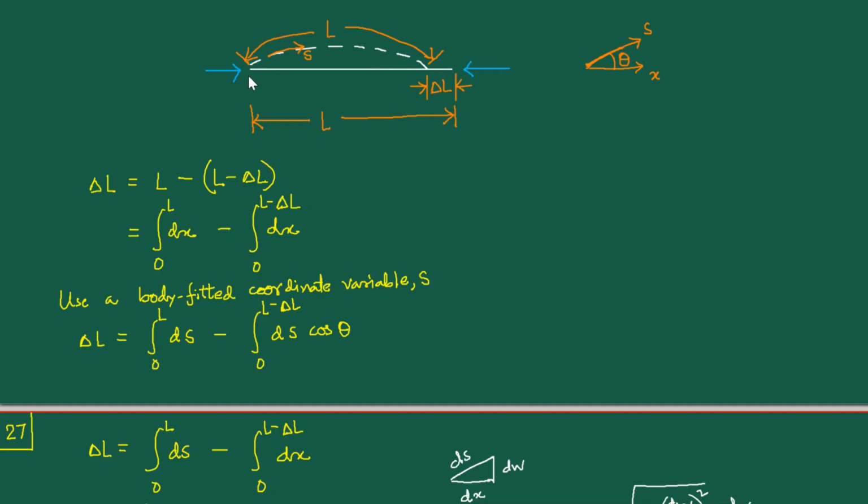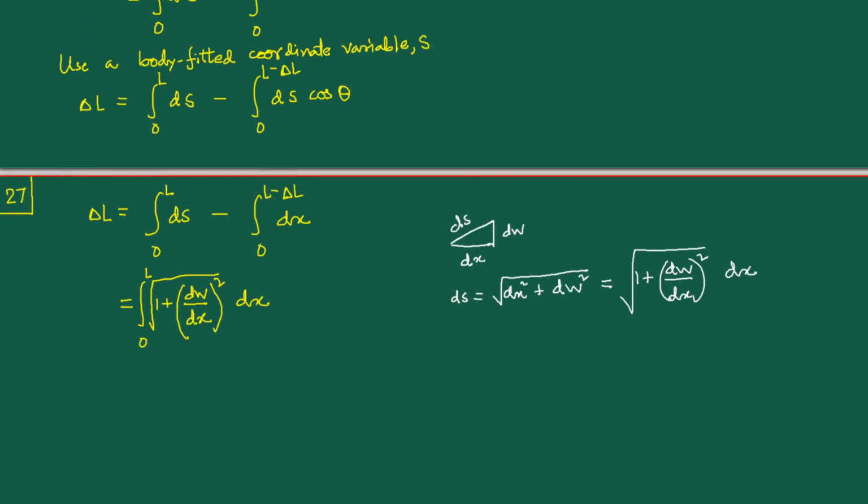So because we are dealing with this bent configuration, in that bent configuration, when s goes from 0 to L, it corresponds to x going from 0 to L minus delta L. Okay, so that's an important point. So what we are going to do here is to write this as L minus delta L. Okay, the second integration remains as it is.